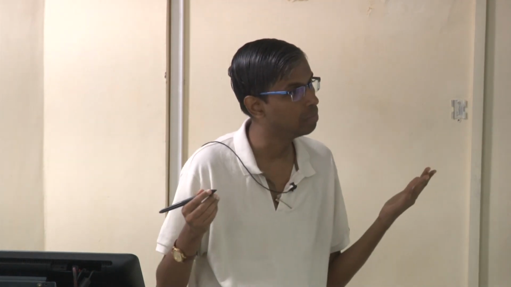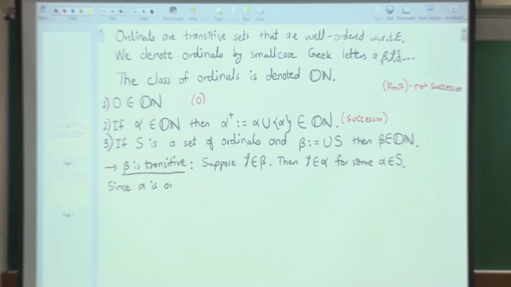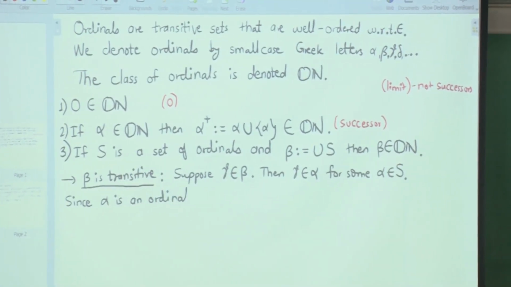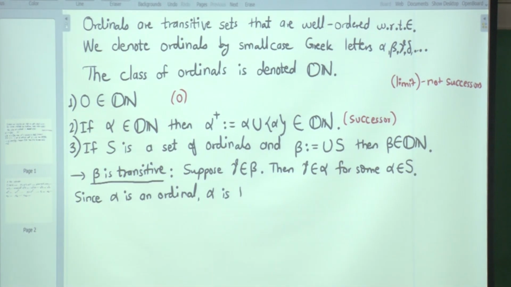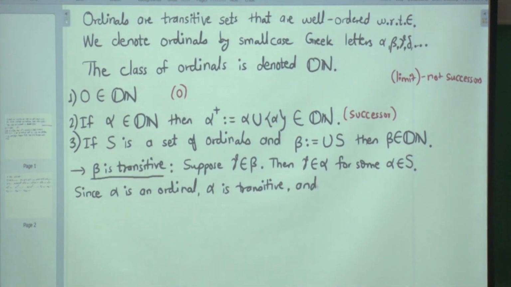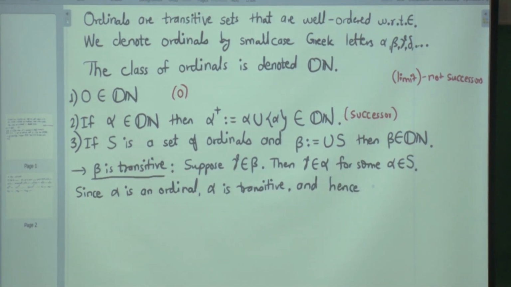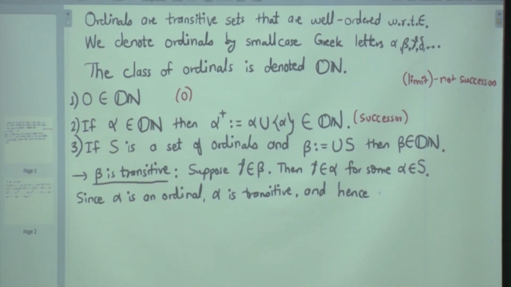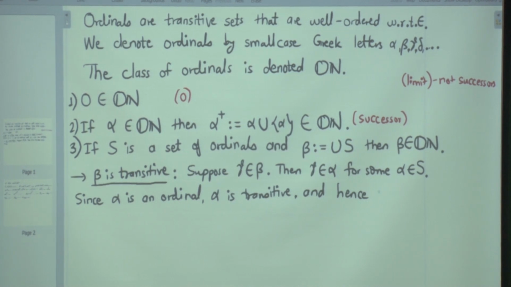Now gamma belongs to alpha. Because alpha is an ordinal, S is a set of ordinals, alpha is transitive, and hence if gamma is an element of alpha, then I can conclude that gamma is a subset of alpha. Very good.